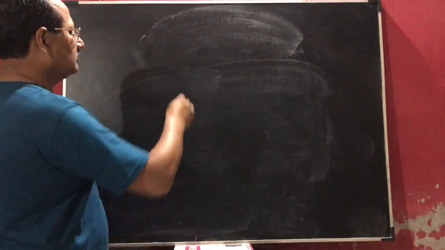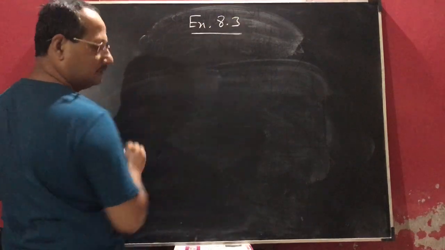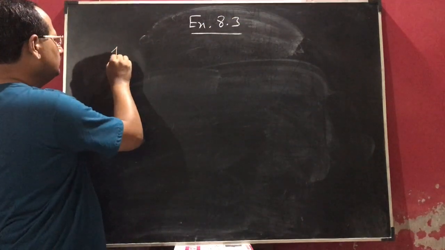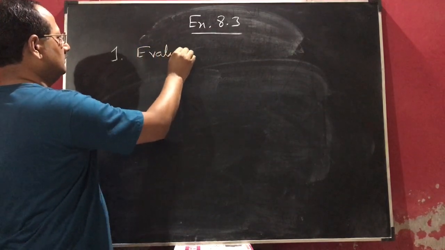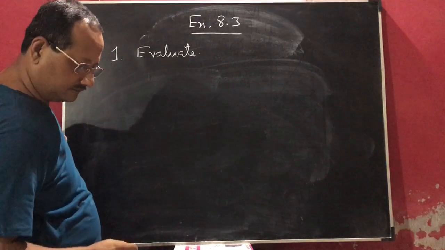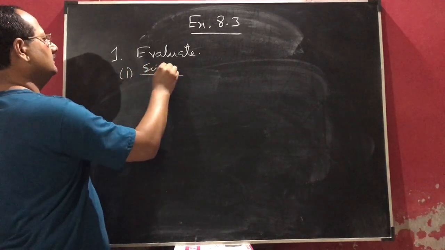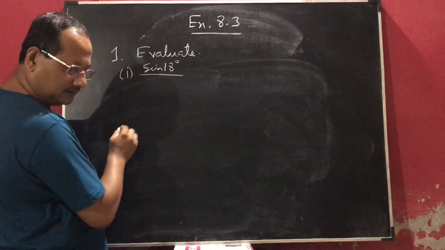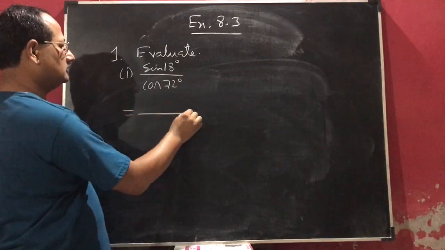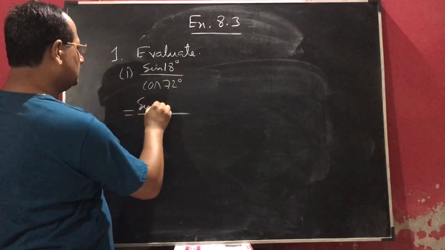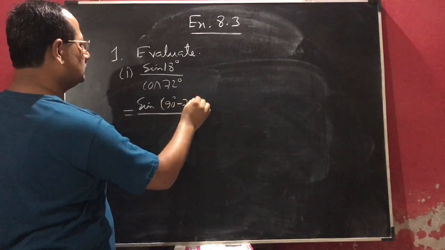Now come to exercise 8.3. Question 1, evaluate. Number 1: sin 18 degrees divided by cos 72 degrees. Sin 18 degrees is written as sin of 90 degrees minus 72 degrees.